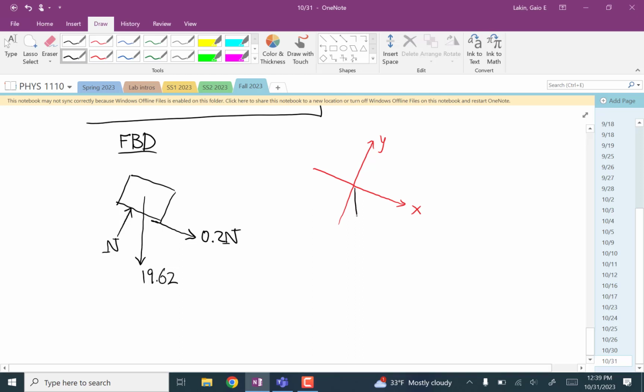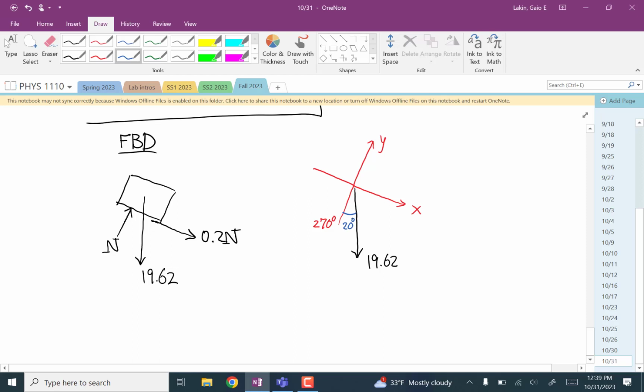The weight force is straight down. The angle between the 270 line, that's this, and the weight force is always the angle between the horizontal and the incline, so this is 20 degrees.